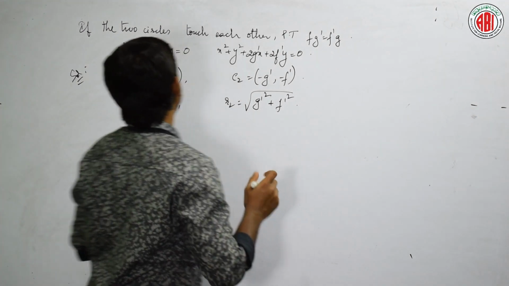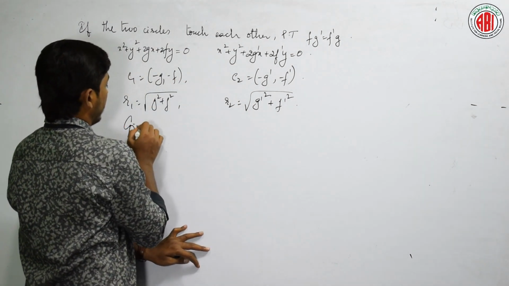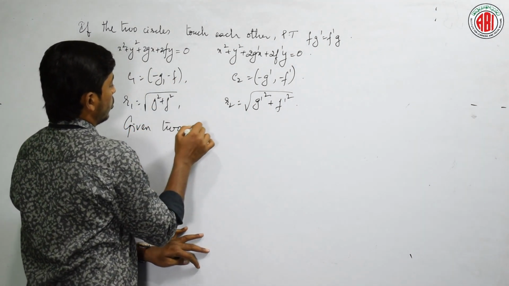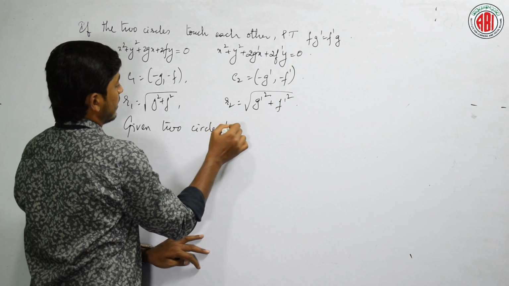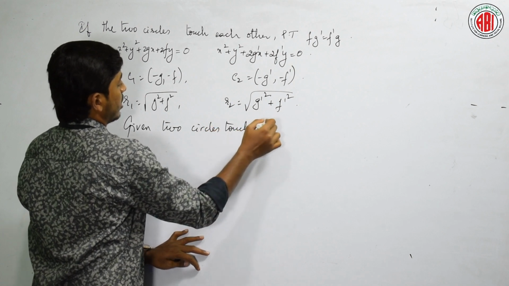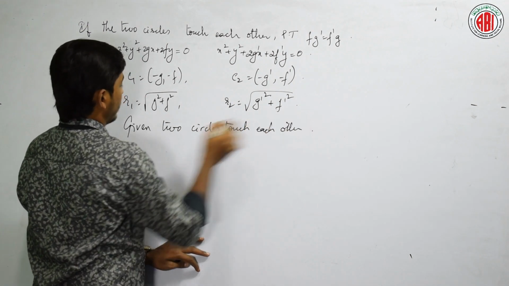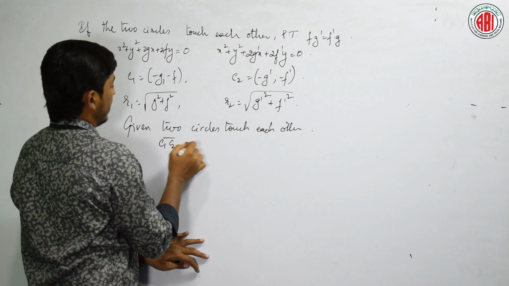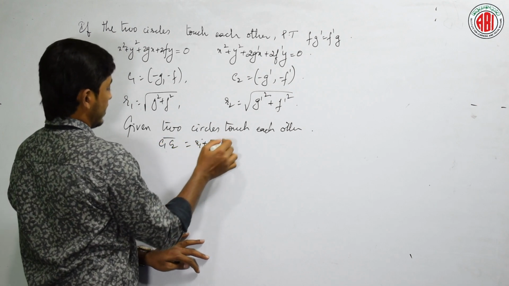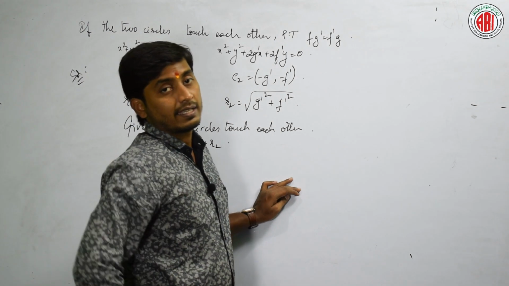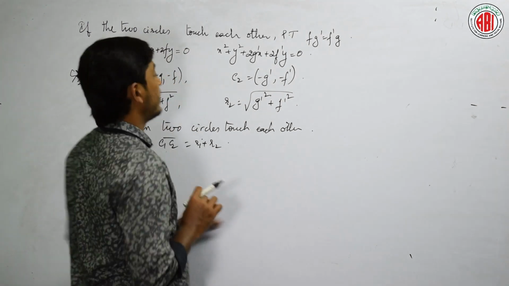Given that two circles touch each other. So, the condition is C1C2 is equal to R1 plus R2. Yes. Shall we check the condition? See here.